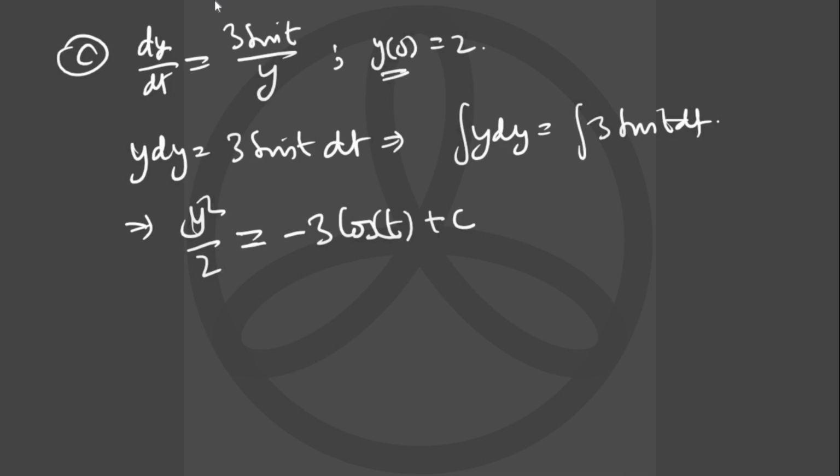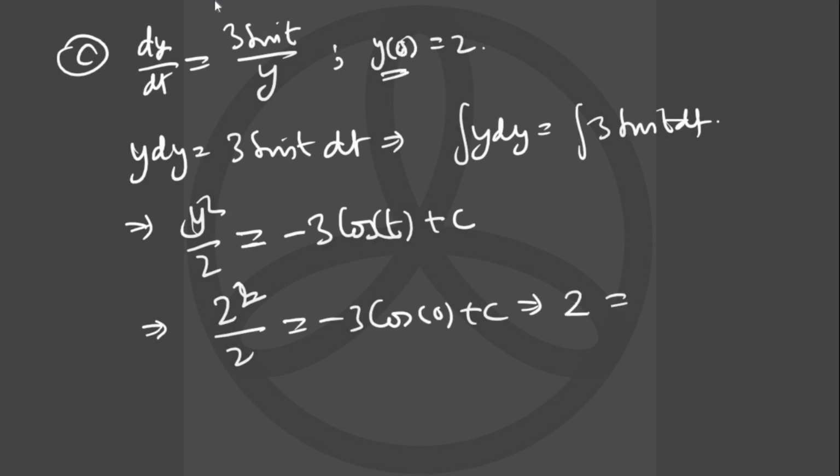Apply the initial condition: for t we use 0, and for y we substitute 2. We will substitute 2 squared divided by 2 is equal to minus 3 of cos 0 plus c, and this will become 2 is equal to minus 3, since cos 0 is 1.